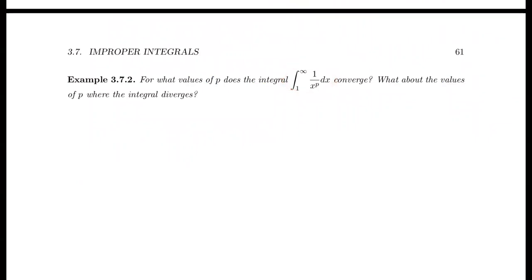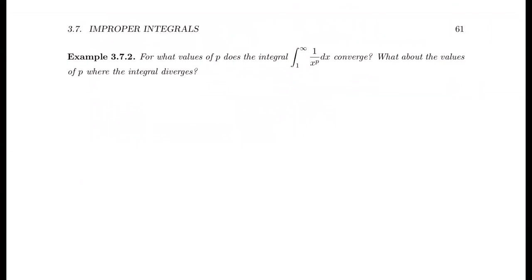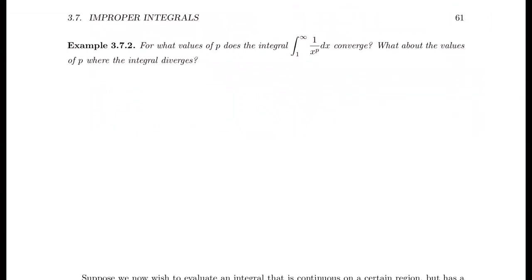So let's start with the cases. Let's say what happens when p is equal to 1. When p is equal to 1, then we would just have the integral from 1 to infinity of 1 divided by x dx.